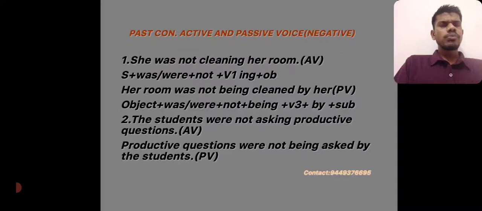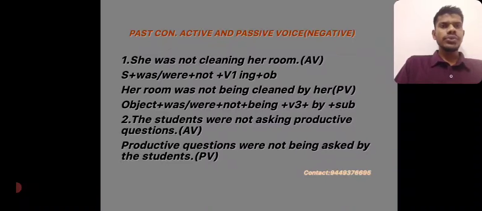Next we will move on to past continuous active and passive voice negative. If we are seeing the past continuous negative, how to convert that active to passive negative? That is what we are going to see now. First sentence, she was not cleaning her room. So what will be the structure for past continuous negative?